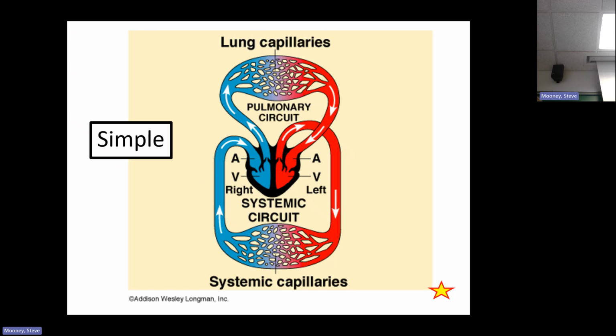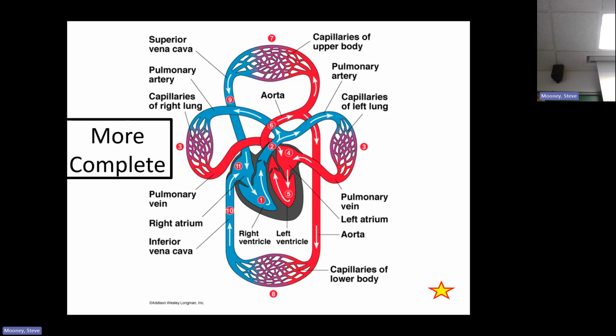We pick up the oxygen. That's going to go to the left side of the heart. That left side is going to pump out to the entire circuit of the body. So that's a simple kind of illustration of the 2 circuits. This is closer to accurate, but again, we've got simplifications that are happening.